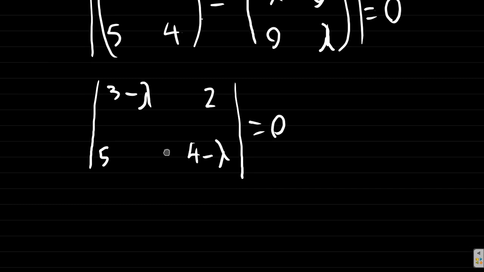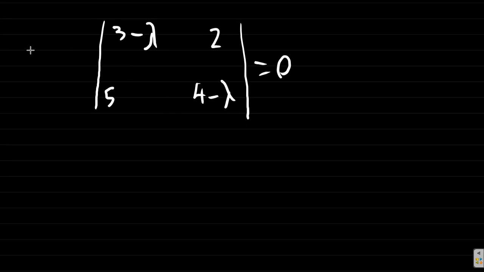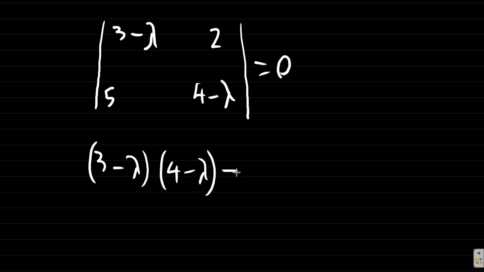Alright, so after that, how do we find the determinant? We have these multiplied minus these multiplied. So 3 minus lambda times 4 minus lambda, minus 2 times 5, which is 10, equals 0. Alright, so how does this go now?